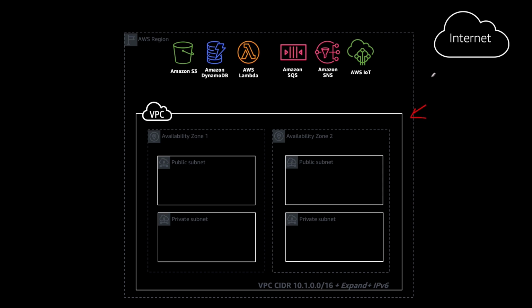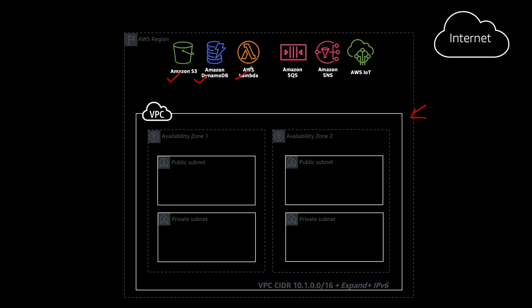Now, before we jump into the internet part, it's worth mentioning that when you are within AWS, right? So if you see, this is the AWS region. Not all the resources stay within your VPC. There are a lot of resources which we have within AWS which have a public facing address space, right? So services like S3 or DynamoDB or Lambda, etc. When you create an S3 bucket or when you create a DynamoDB instance, they do not stay within your VPC.